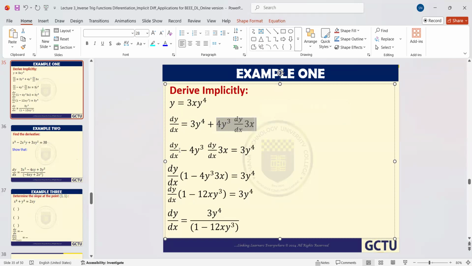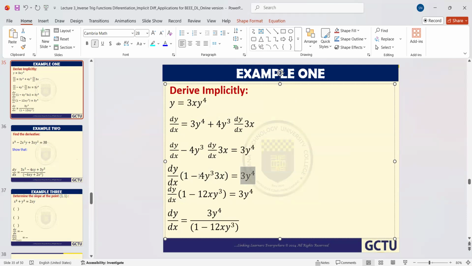When I do that, I get dy/dx minus 4y cubed dy/dx times 3x. Then the only term left on the right-hand side is 3y to the power 4. Now, if I factor dy/dx out, I get 1 minus 4y cubed times 3x, all equal to 3y to the power 4.